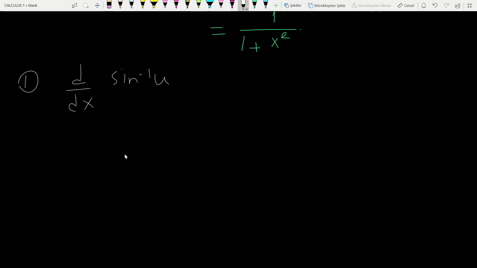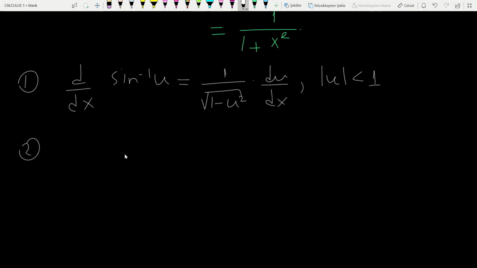Let's say u is a function of x. Instead of x, let's say we have a function. So the derivative of this is equal to 1 over square root of 1 minus u square times the derivative of u with respect to x. Here the absolute value of u is smaller than 1.